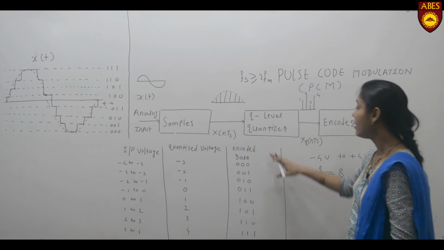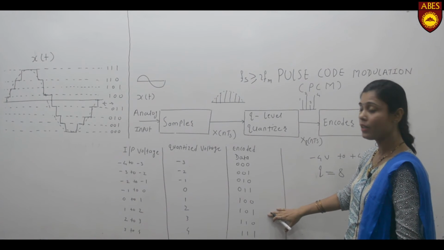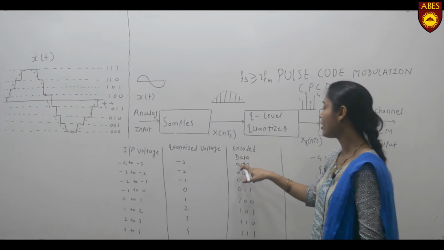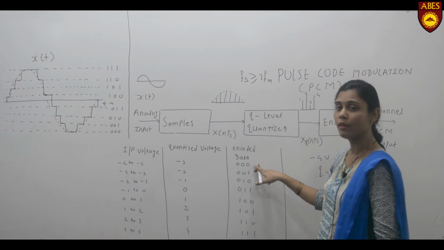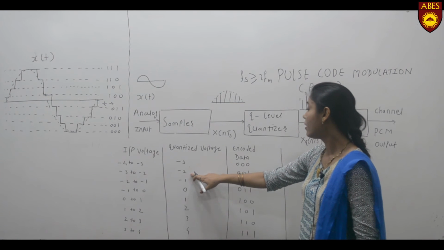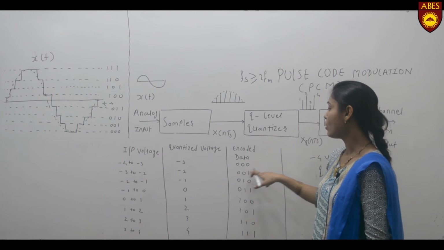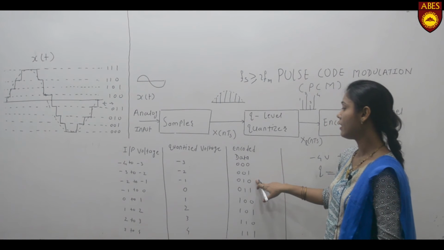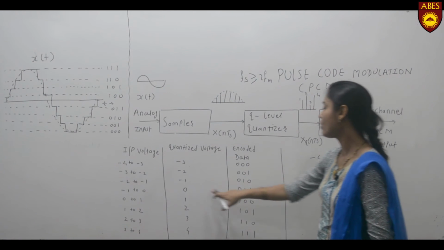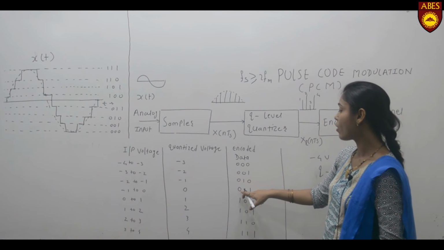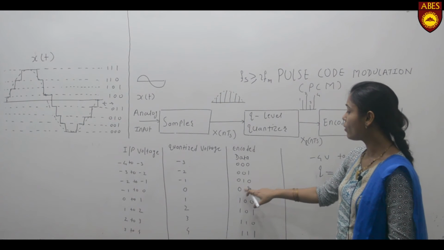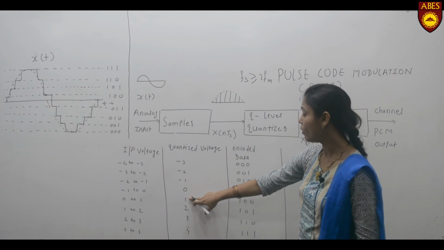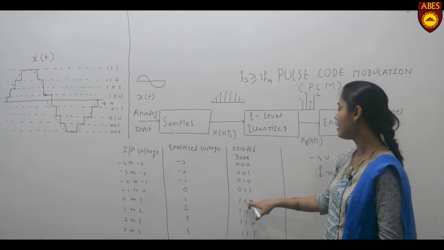Here the -3 volt will be encoded as the combination 0, 0, 0. -2 volt is 0, 0, 1. -1 is 0, 1, 0. 0 is denoted by the binary combination 0, 1, 1. The quantized voltage 1 volt is 1, 0, 0.